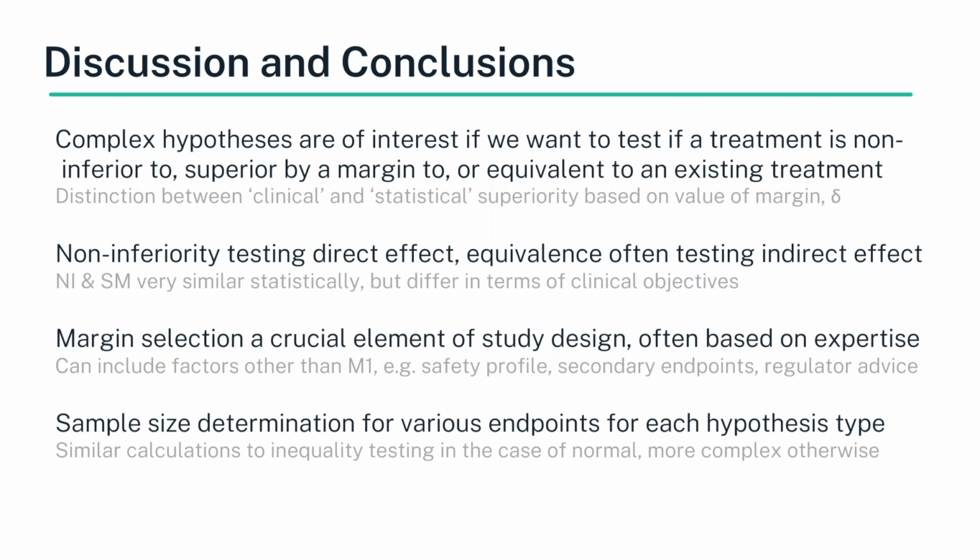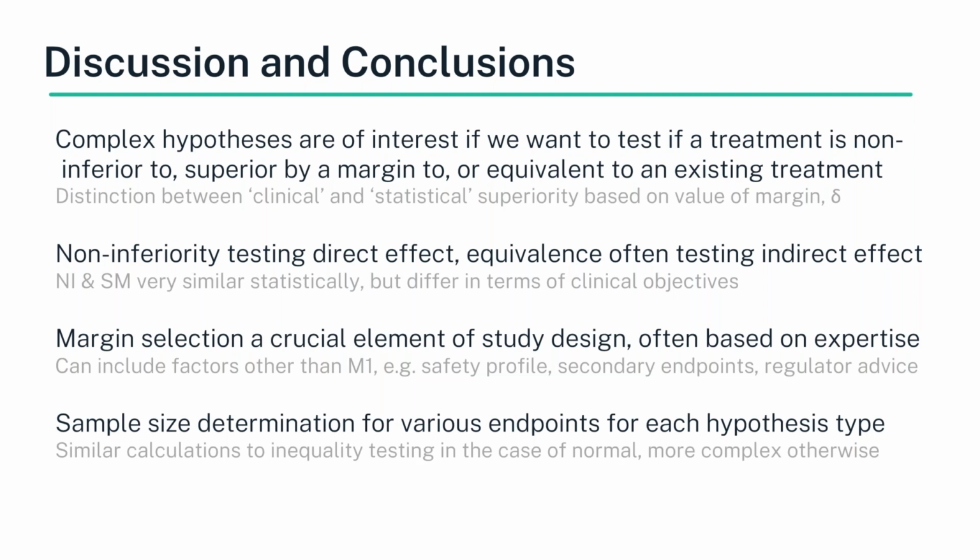And then we went into more detail on each of the individual hypotheses themselves. So in the case of non-inferiority, you're testing a direct effect with a good direction, like mortality. However, for equivalence, you're often testing indirect measures like pharmacokinetic responses that don't have that obvious good or bad direction.